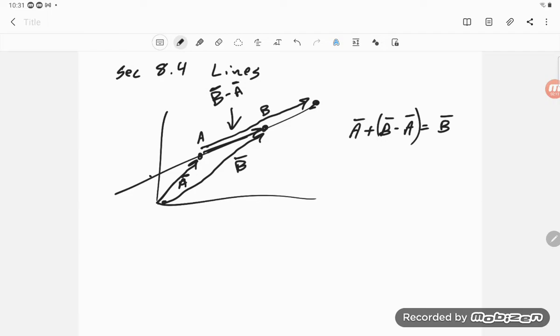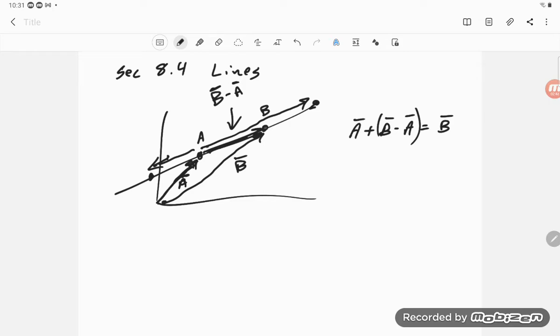If I want to hit a point about there, I need to take the negative of B minus A. So all these vectors I'm talking about are parallel to B minus A, and I want just this set of vectors that are parallel to B minus A, but I need to offset them by A here.